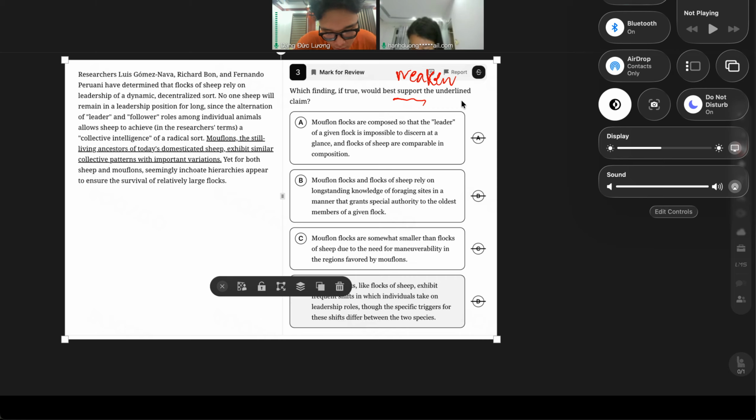It requires you to find the answer that weakens the claim. And here is the hypothesis. The underlined part is the hypothesis.